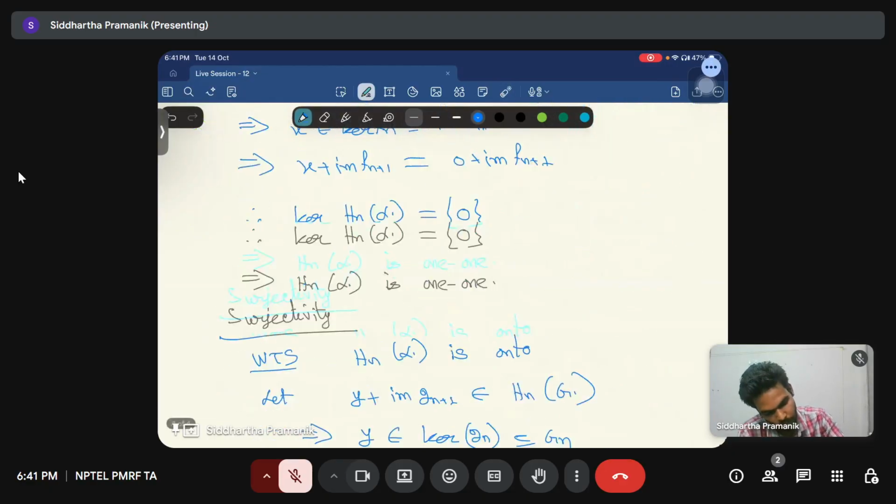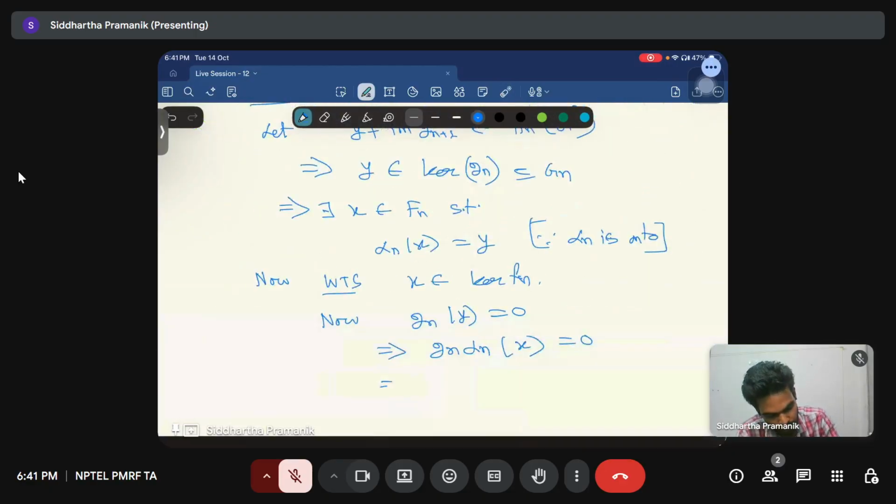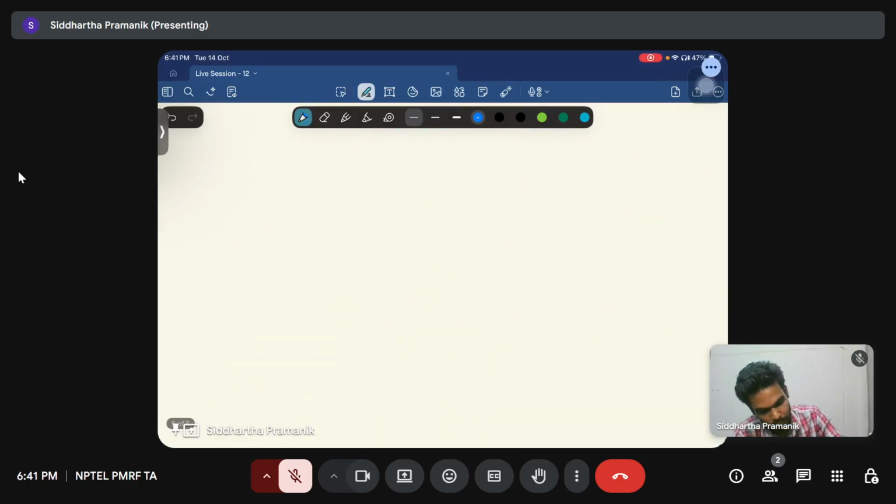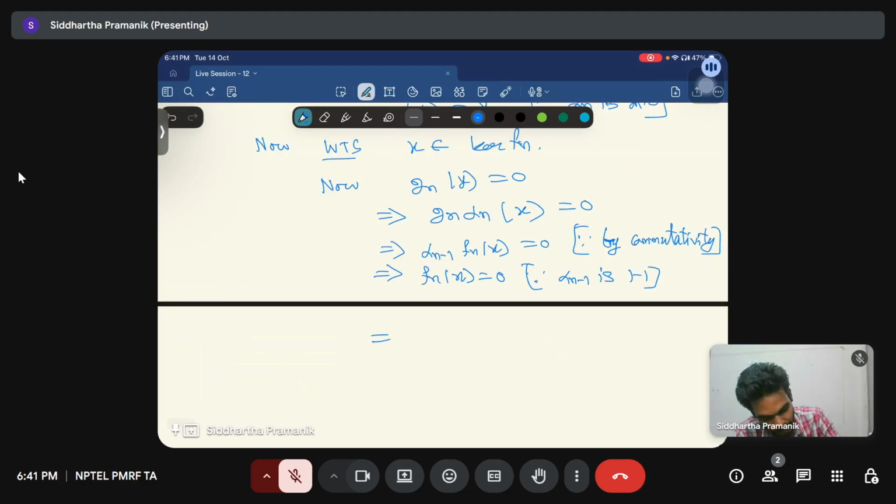So this means alpha_{n-1} f_n x is 0. So this is by commutativity. But alpha_{n-1} is injective. So f_n x is 0, since alpha_{n-1} is one-one. And this implies x belongs to the kernel of f_n.